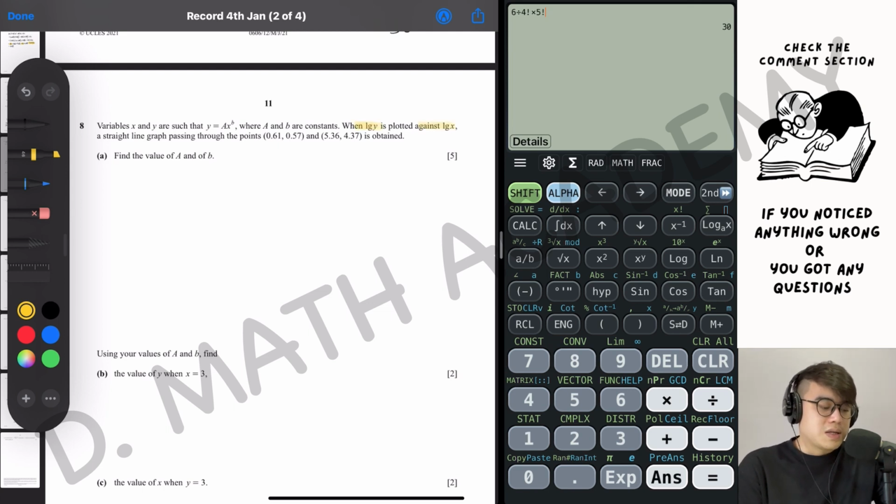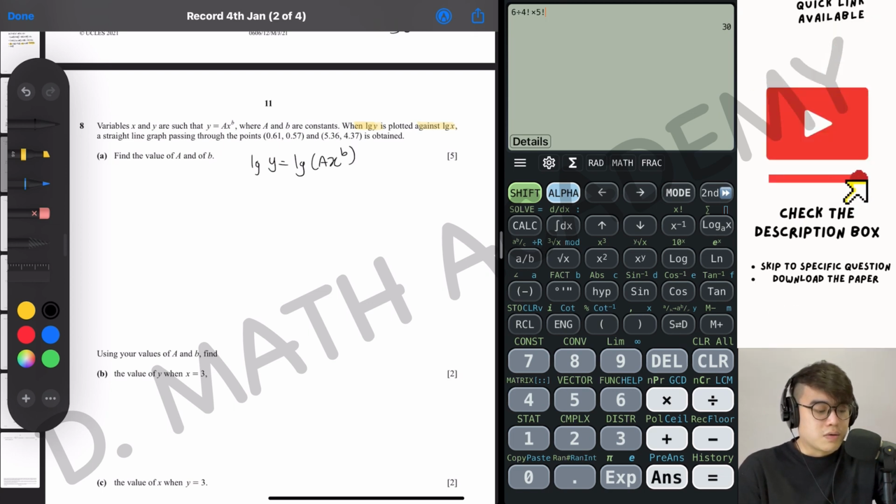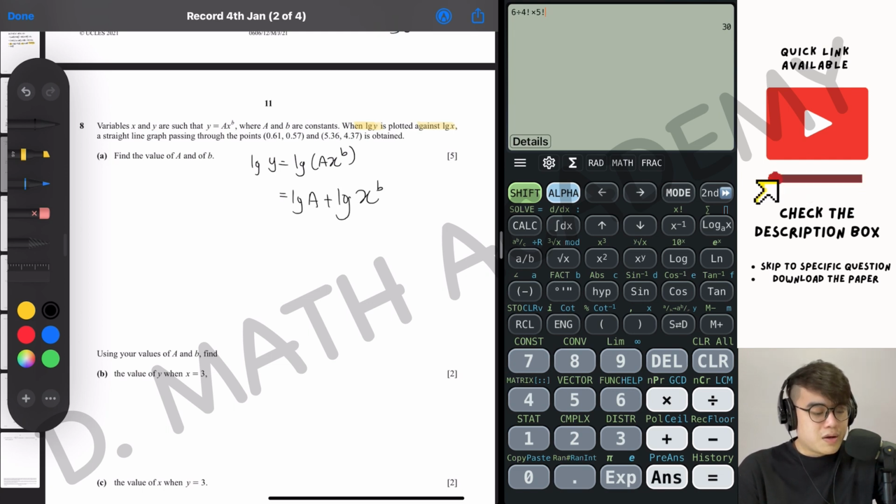What it means is that we are trying to frame our y into this outline. So let's expand it accordingly. You get log A plus log x to the power b. Bring down the b here. Okay, so this is what you get.